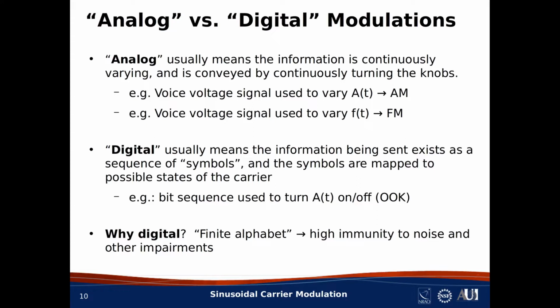But where digital modulation really shines is at the lower signal-noise ratios. In this case, analog modulations produce really poor fidelity. Anyone who's ever tried to listen to a weak AM or FM broadcast radio signal can attest to this. However, what happens when digital modulation is used in the same scenario is simply that you make more incorrect choices. For example, in ook, the rate of bit errors goes up. But this is a very manageable problem because there are lots of schemes that we can use to detect and correct these bit errors.